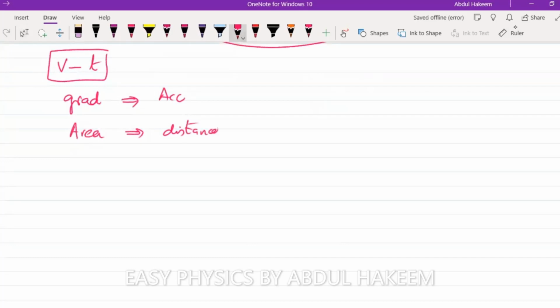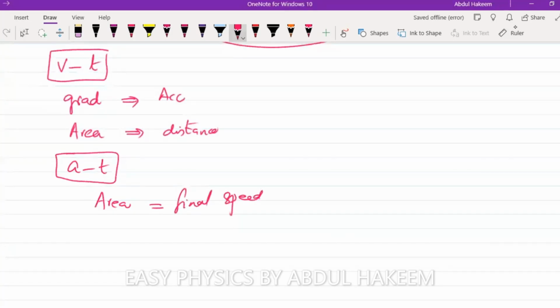Next, if the graph is plotted between acceleration against time, then the area is equal to the final speed if the initial speed is 0, and the area is equal to just the change in speed if the initial speed is not 0.